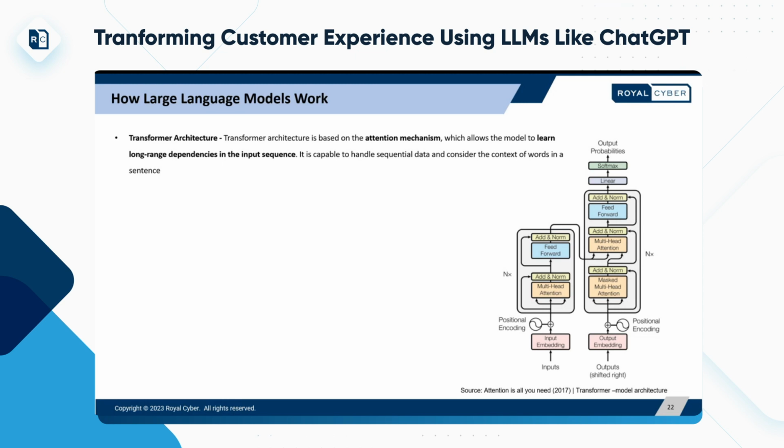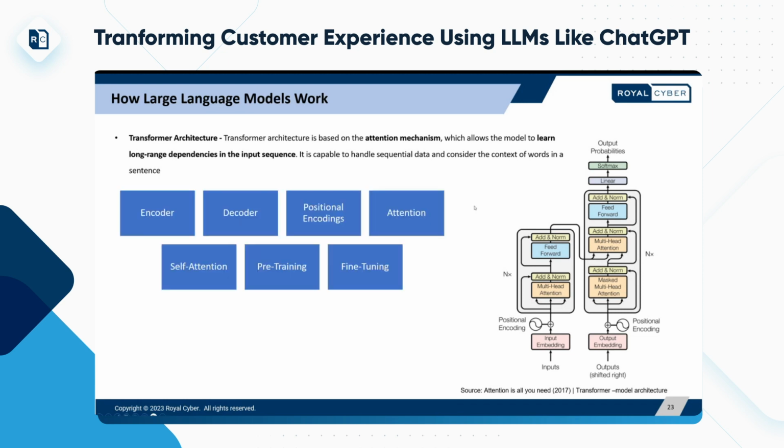On the right is a schema, which is taken from the paper, and it encapsulates the nuts and bolts of this technology. And we're going to go into some of the key features now.